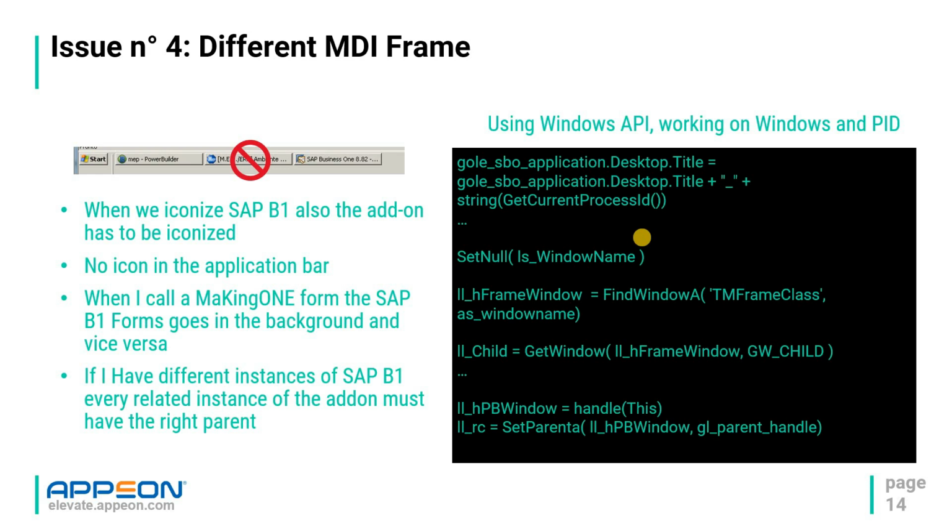From that we can get the child window, the MDI frame, where our forms are also visible, and after that we just have to set the right parent to our forms. This is a code example.